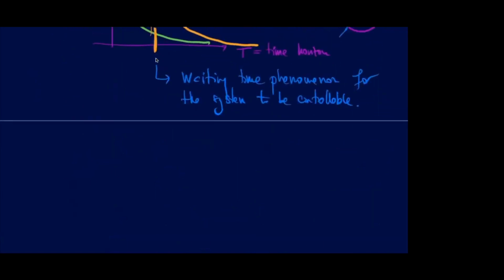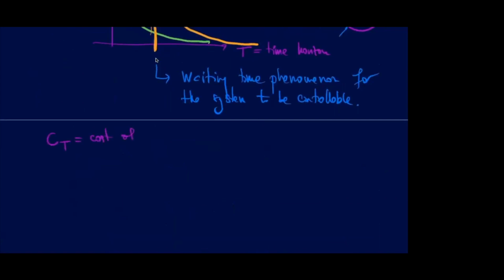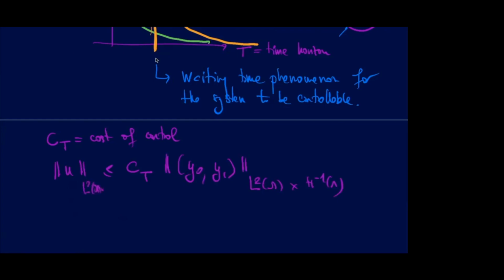And of course, I remind you that the cost of control, the C_T, independent of whether you are in finite or infinite dimension, is just the constant that you will get as the norm of the control depending on the initial data. So here we know that the initial data will be in the dual of the energy space, and the control will be in L2 of the boundary. In each example, you will have the corresponding topology, but the cost of control is always defined in the same manner.